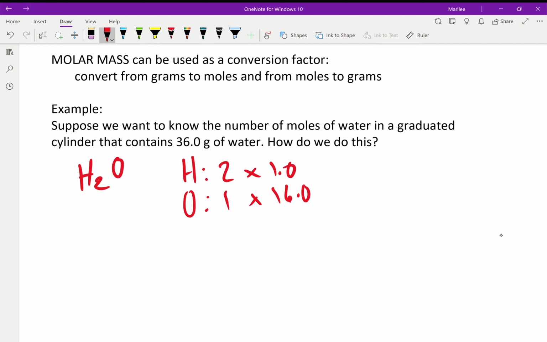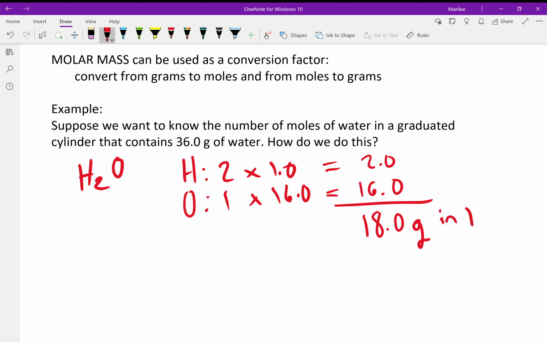These are the atomic weights from the periodic table. 2 times 1.0 gives us 2.0. 1 times 16.0 gives us 16.0. So the molar mass of water is, when we add these, 18.0. We have 18.0 grams of water in 1 mole of water.